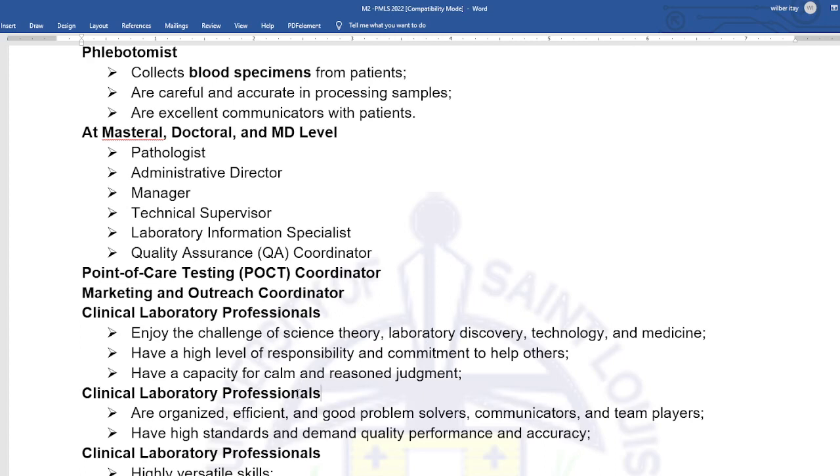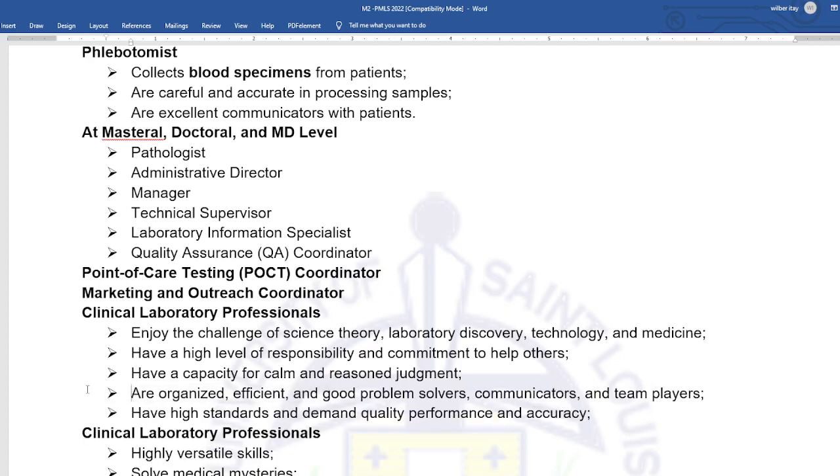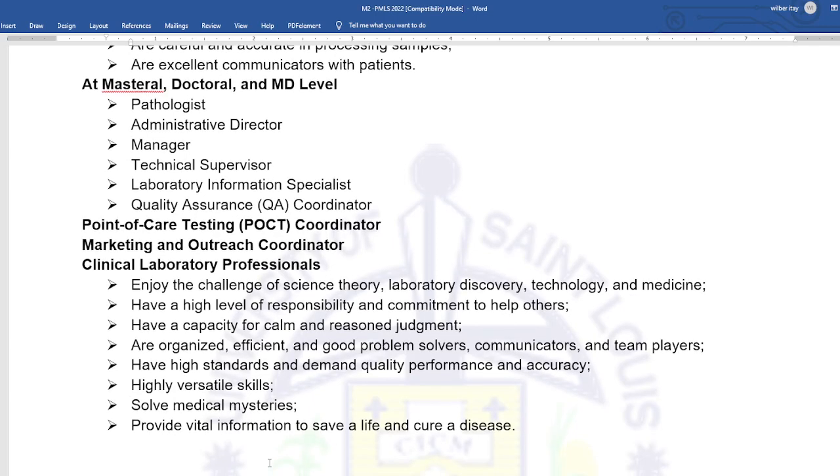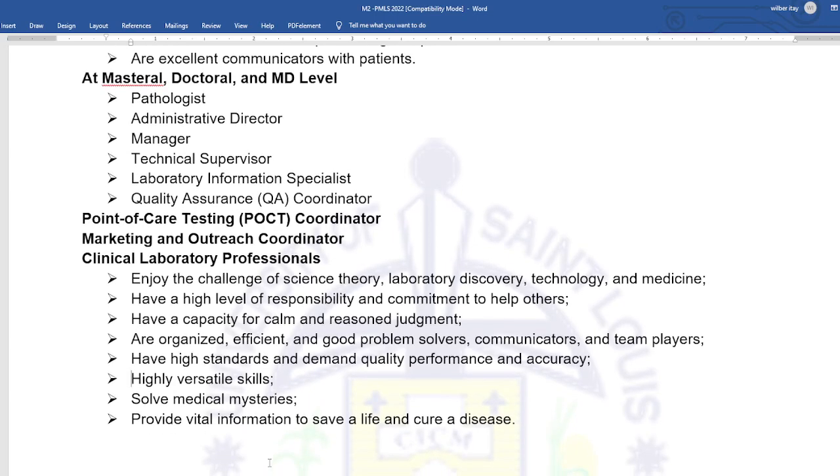So, aside from that, we are organized, efficient, and problem solvers, communicators, and team players. We have high standards and demand quality performance and accuracy. We have highly versatile skills. We solve medical mysteries. We provide vital information to save a life and cure a disease.